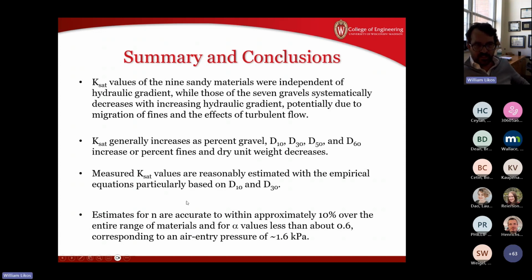In terms of predicting soil water characteristic curve parameters n and alpha, we saw that we could estimate the n value, which governs the shape of that characteristic curve related to pore size distribution. We could reasonably estimate that within 10% from grain size, and we could reasonably estimate alpha for alpha values less than about 0.6, which is about within the range where we would be for a base material.